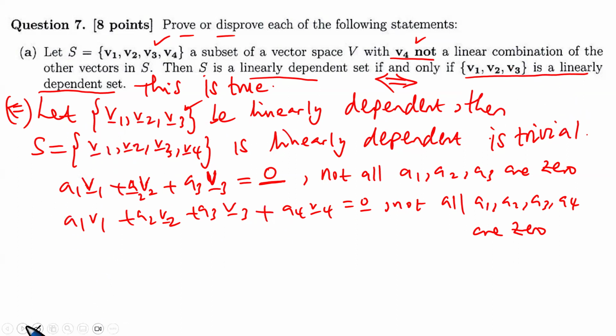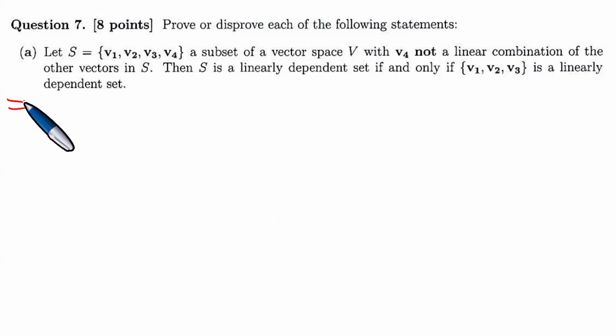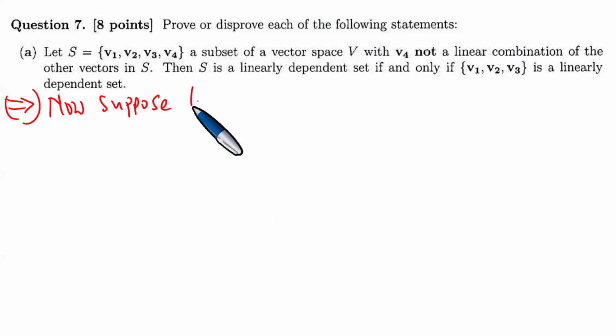Let us prove the forward implication. So now, if you want to prove the forward implication, what do you do? Now, suppose that, now we want to prove forward. We start with S linearly what? Dependent.